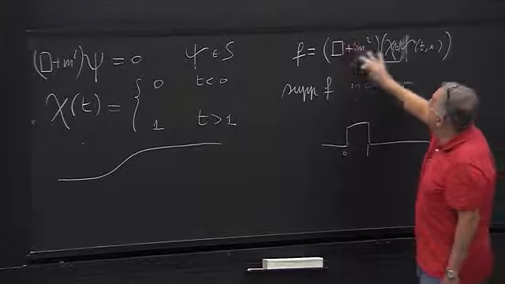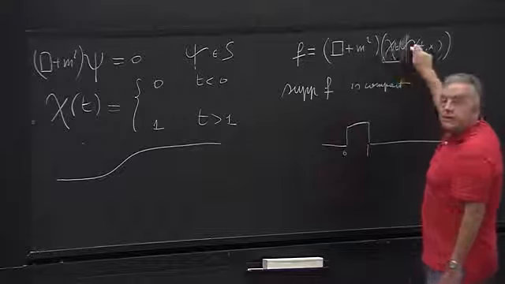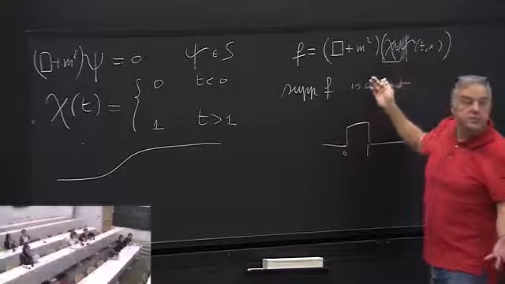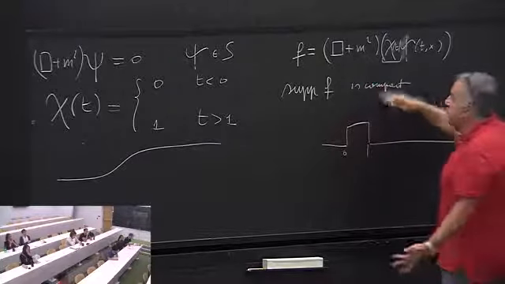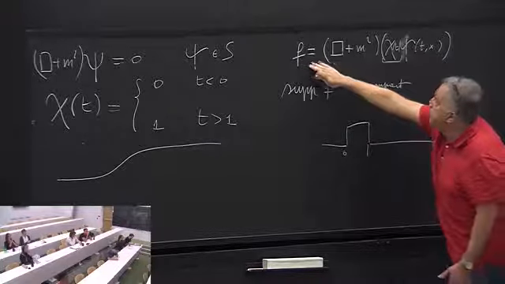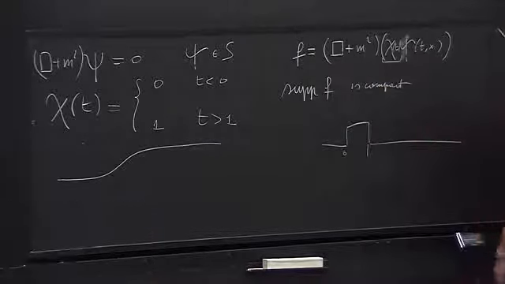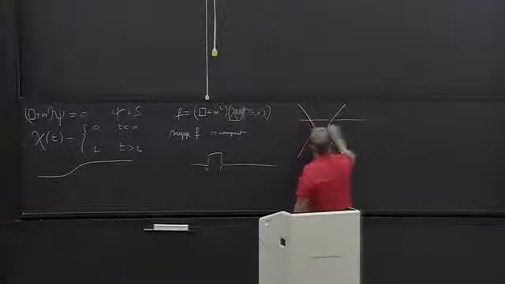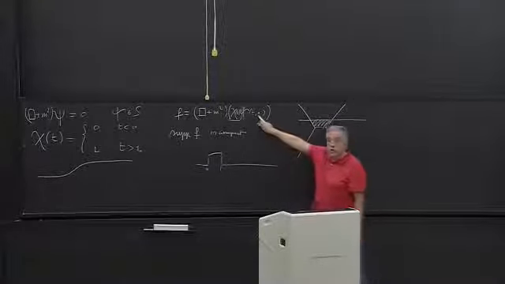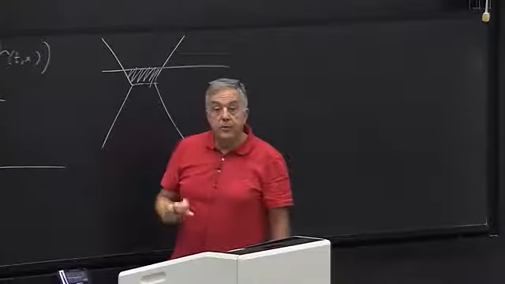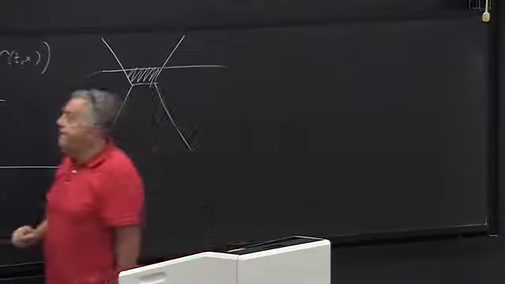When the whole operator is passed to psi, this is 0 because psi is a solution of the Klein-Gordon equation. This means that the support of this function is contained here. See, this is the support of your solution, and this 0, 1 is contained here, the support of this function.